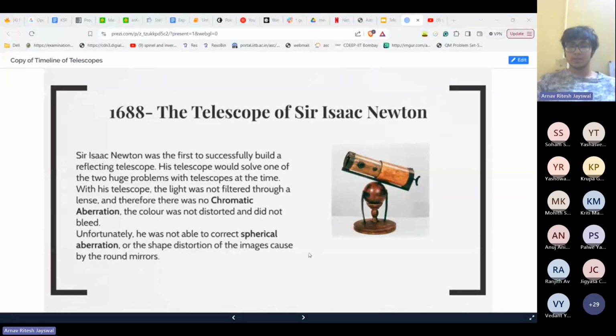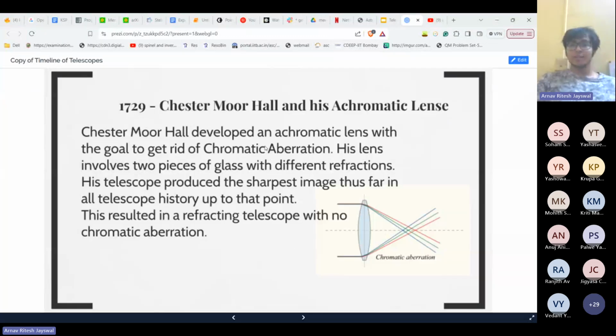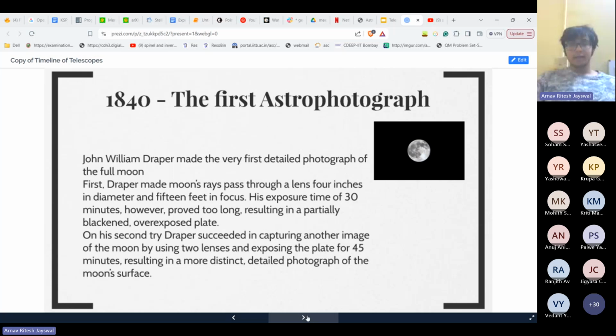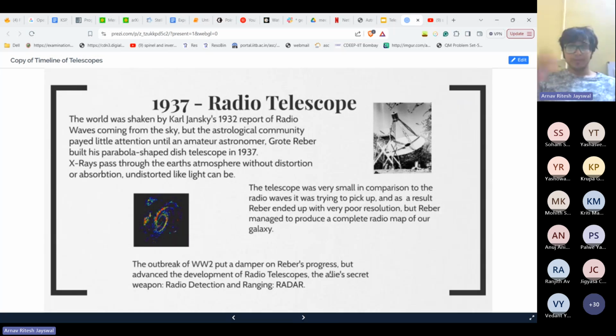So I was at the achromatic lens. I'll just summarize this. He developed a lens which removed chromatic aberration by using two different refractive indices of glass, which led to a much sharper focal length. And then you have the first astrophotograph, which was made by John William Draper. And we were at the radio telescope.